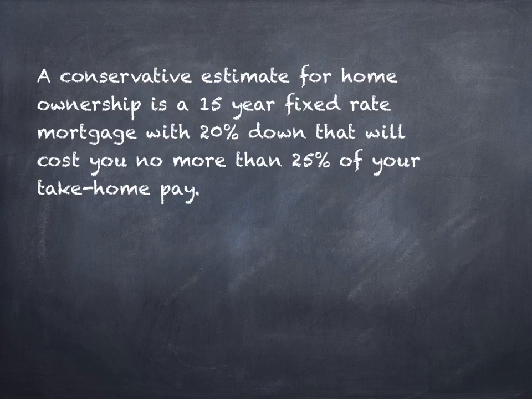The issue is that you are only going to have half of your take-home pay to live on, to make any kind of other loan payments, to save for any kind of vacations or college planning or future changes in your status, like maybe you're trying to move across the country. You're going to be very limited in what you're able to do because so much of your money is going to be going into this home. And there's a phrase for that called house poor, when people have too much of their income going into their home.